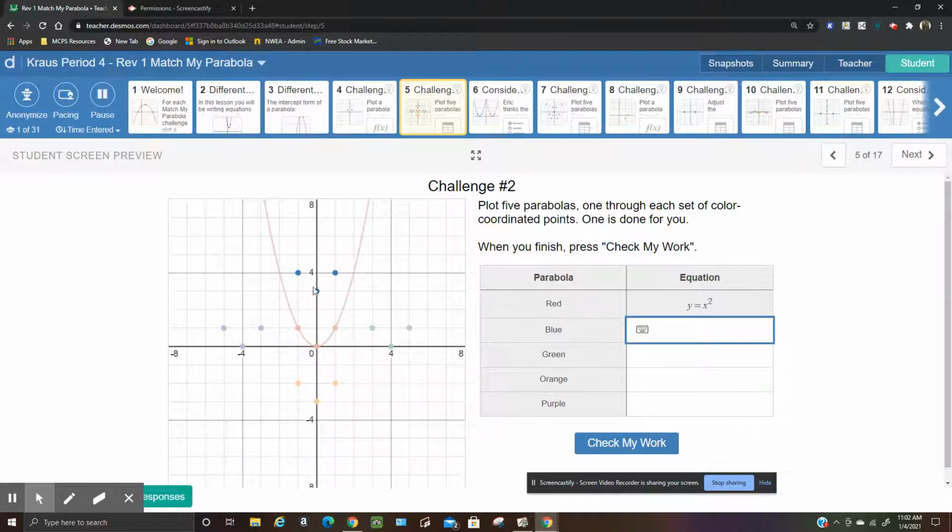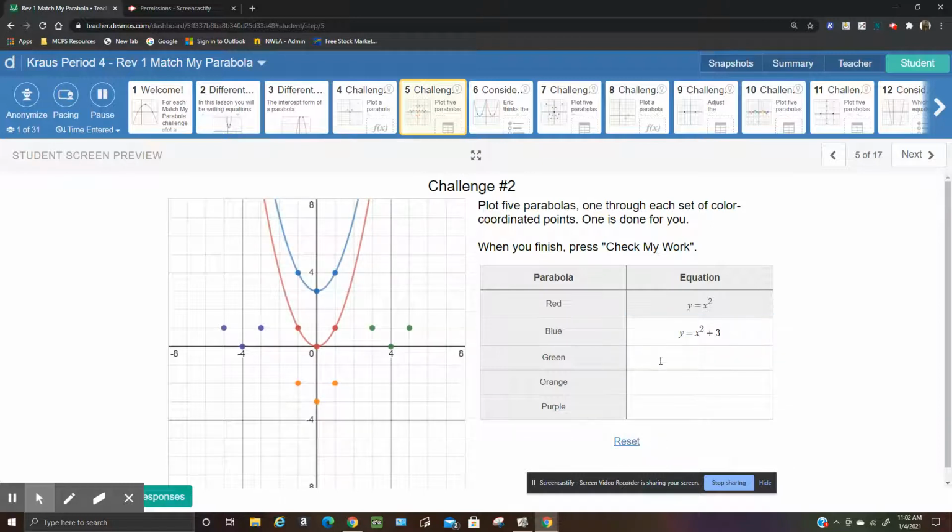So the blue graph looks like just the red graph moved up 3 units. So y equals x squared plus 3. And you can check these individually as you go along. That one works. The green one is moving the graph right 4 units.